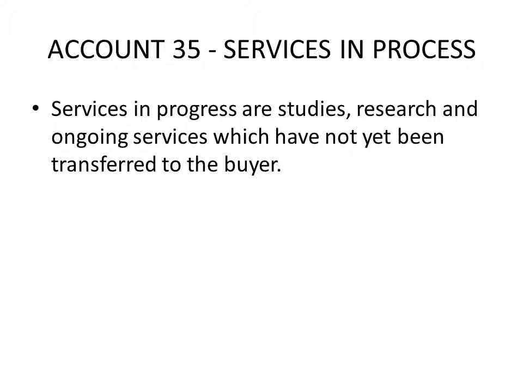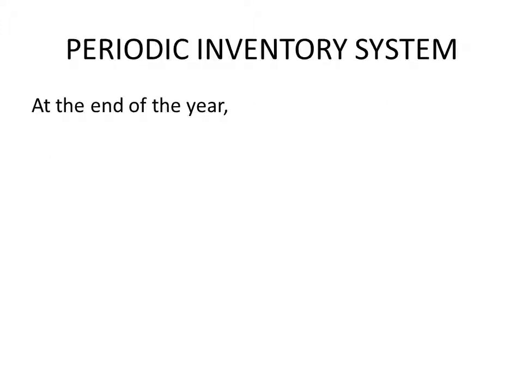So let us look at the double entry system involved in account 3.5. Remember that we have defined the two different inventory systems which are allowed by the SYSCOHADA framework: the periodic inventory system and the perpetual inventory system.